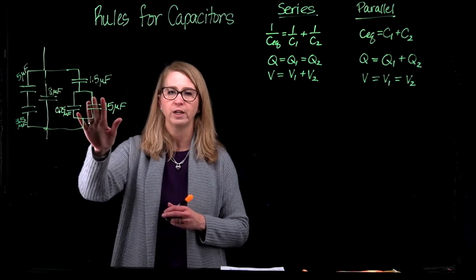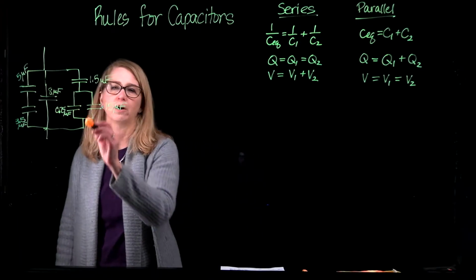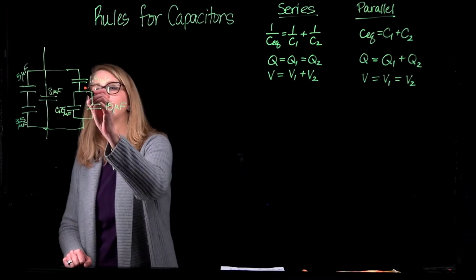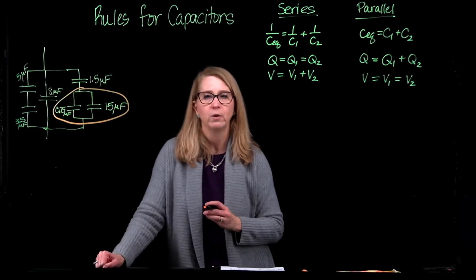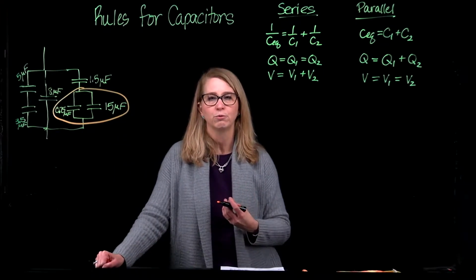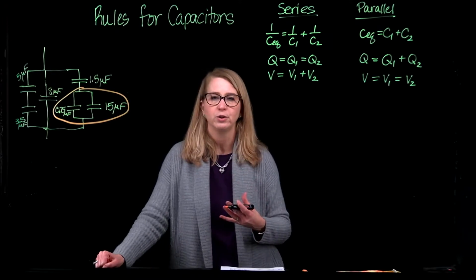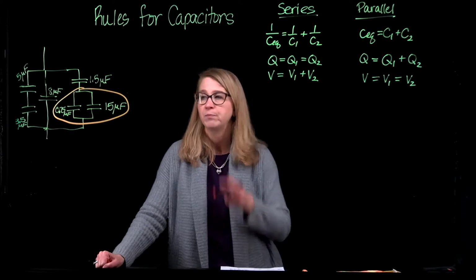This branch is the most complicated because these two are in parallel and they're in series with this one. So I'm going to start with these two capacitors, and use the rules of capacitors in parallel to replace these two capacitors by a single one that has the equivalent value.